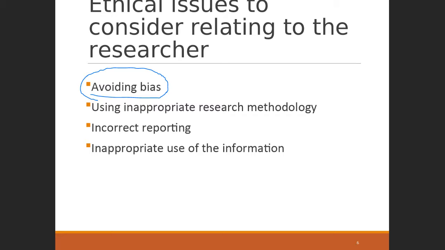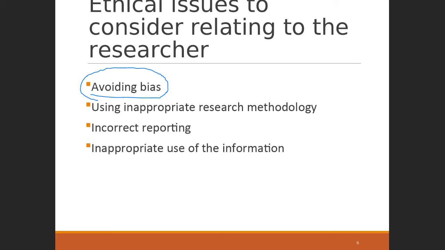Subjectivity is related to your educational background, your training, your competence in research, and your perspectives in life, your perceptions about things, your philosophy of life. So this is subjectivity.